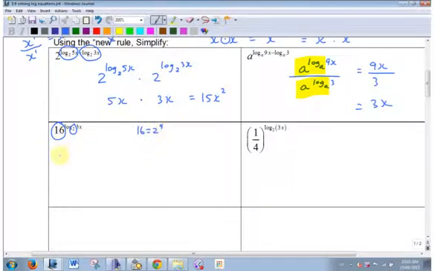I want a 2 here. Okay, so that's 2 to the power of 4. I still have the power of log base 2 of 3x. So I just multiply those together. That's the same thing. Okay? Because that is 16.